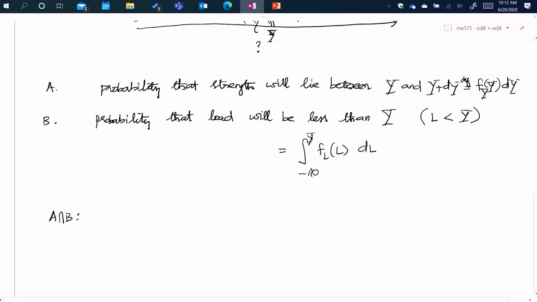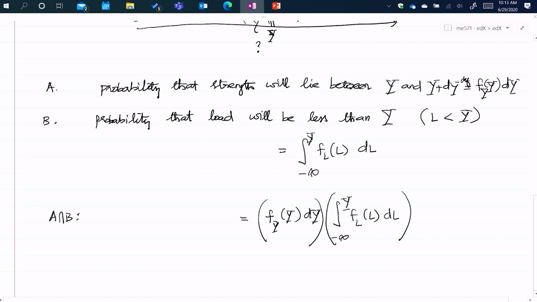You can assume these two are independent events, which gives the probability f sub y of y dy times the integral from minus infinity to y of f sub L of L dl.